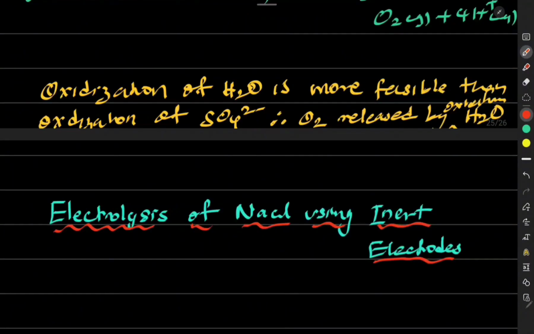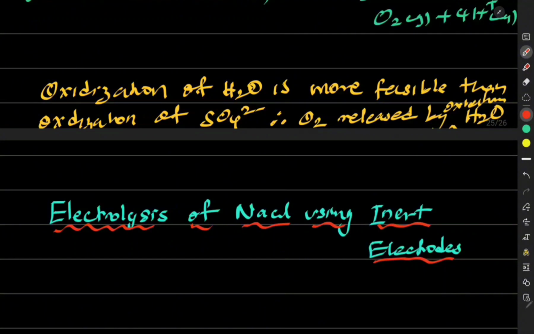Now let's discuss electrolysis of sodium chloride using inert electrodes. When considering electrolysis of sodium chloride solution, it is important to analyze the oxidation and reduction reactions that can happen at the corresponding electrodes first. And then the comparison of the standard reduction potentials of the reactions can be used to predict the product.